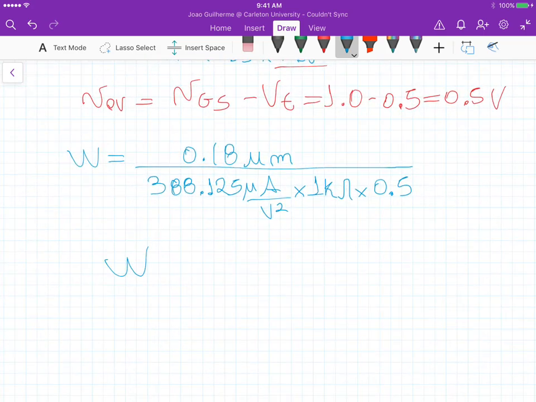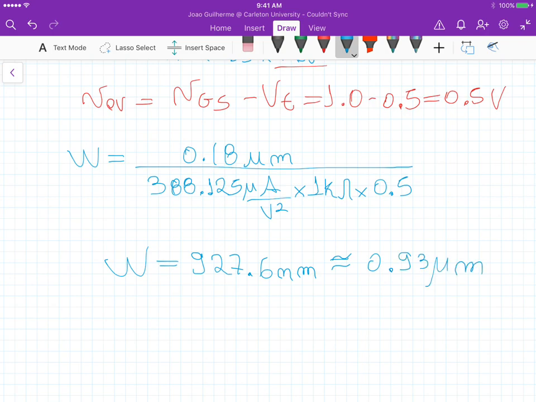This gives us a transistor width of 927.6 nanometers. That's roughly 0.93 micrometers.